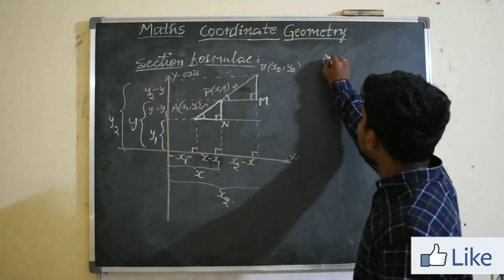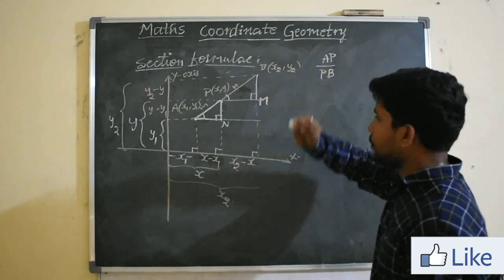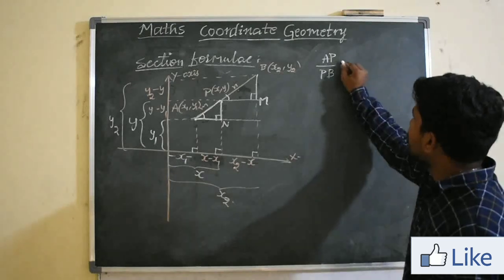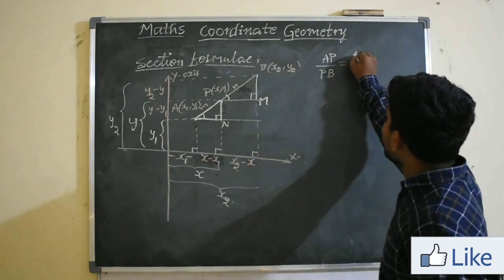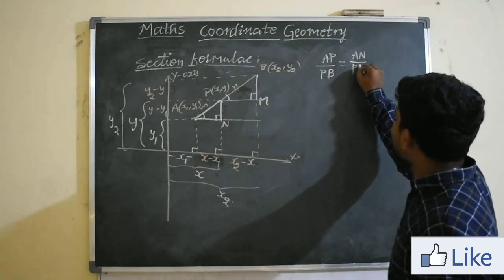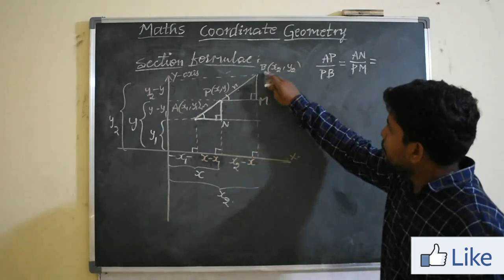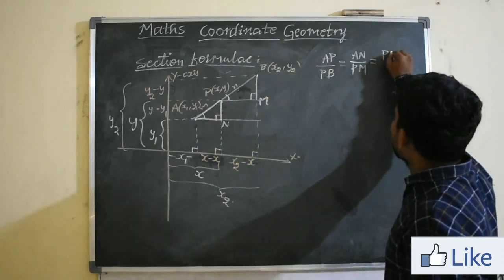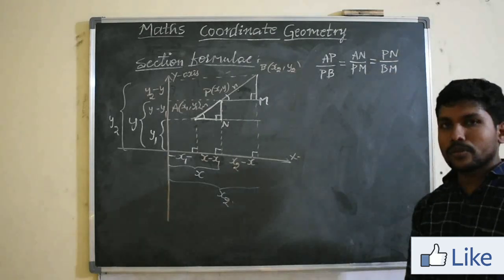So we'll take AP by PB is equal to, next, AN by PM, which is equal to PN by PM. Now substitute the values.